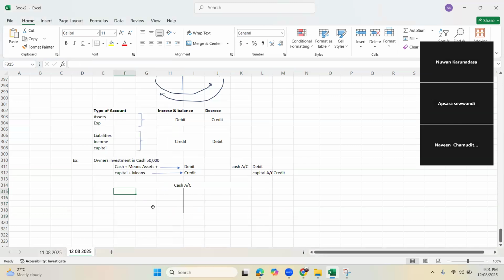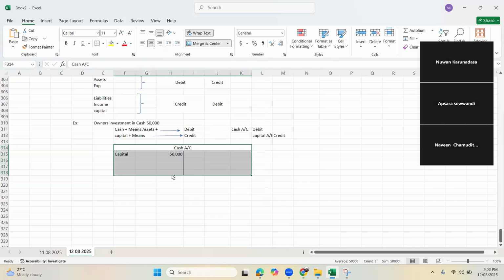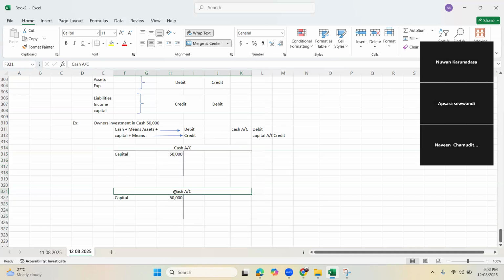You will write here capital, on the debit side, 50,000. Then you must open another account, the capital account. You will credit there, not the debit, cash. How much? 50,000.